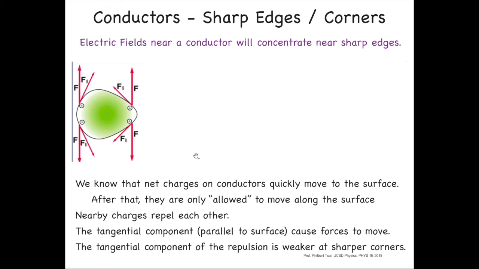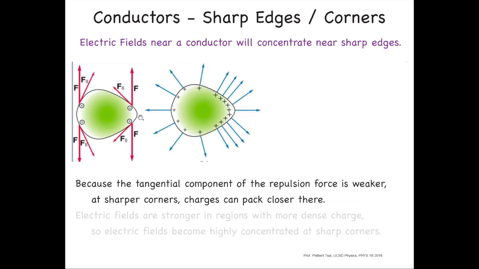The net result of this analysis is that the effective force moving these guys apart, moving them away from each other along the surface, is smaller in regions where there are sharp edges than when you have a nice smooth surface over here. Since the force that can cause them to move away from each other along the surface is weaker, they will be more tightly packed together.